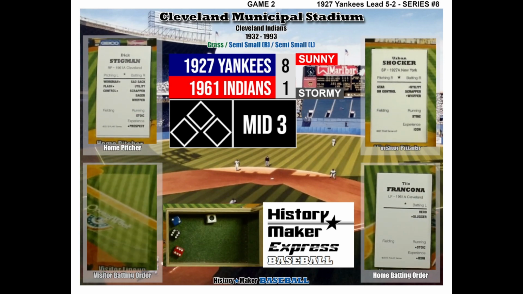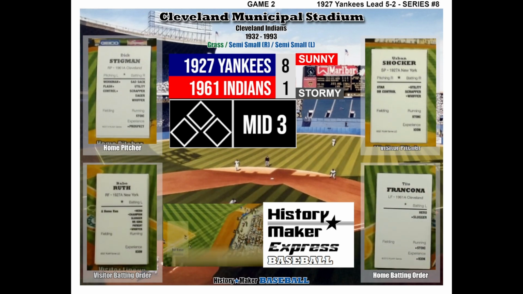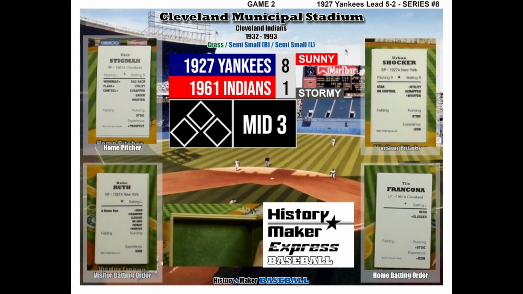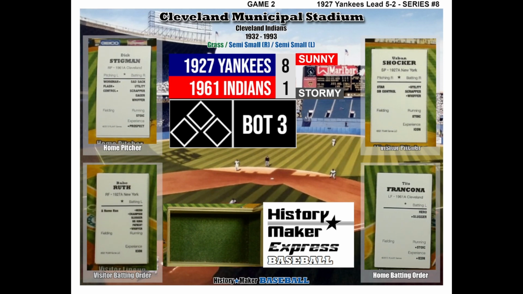And we head to the bottom half of the third as Tito Francona will lead it off and try to get some runs going for the 1961 Indians. 555. So that is going to be an experience check. So we will roll this blue die here. And we got a 3. And it reads, do we have an icon batter?